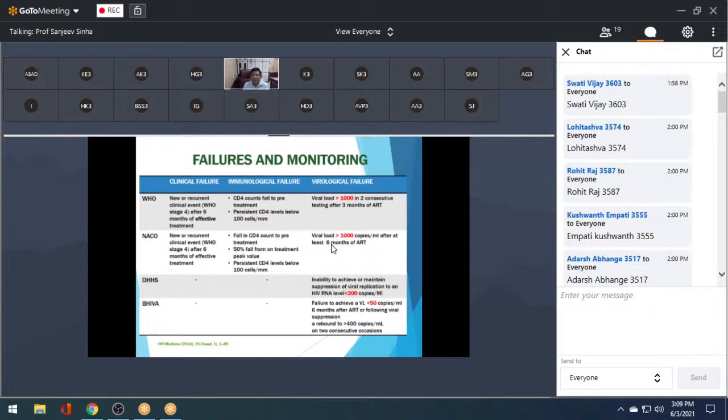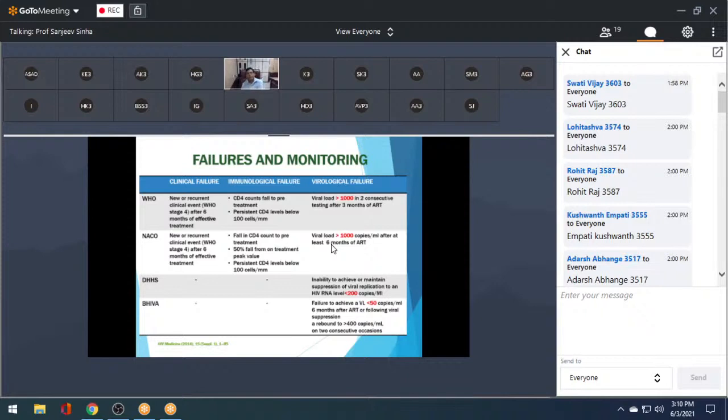So here another thing is available, that is viral load or RNA viral load for HIV, and we also measure the biological failure, and that is available in the national program and the NACO. And we say when viral load is more than 1,000 copies per ml after at least 6 months of antiviral therapy, then we say the patient is having a kind of biological failure.